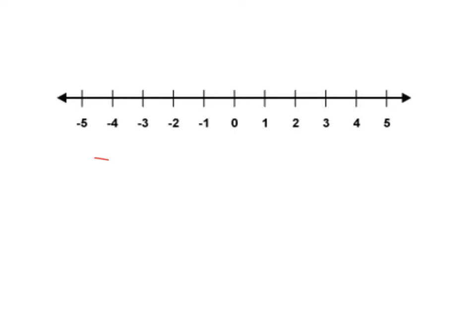So let's compare -1 to +2. And remember, you don't have to put the positive sign. It's just helpful as we're teaching the lesson, as you're getting used to the differences between positive and negatives. So we have -1 over here, and we have +2 over here.